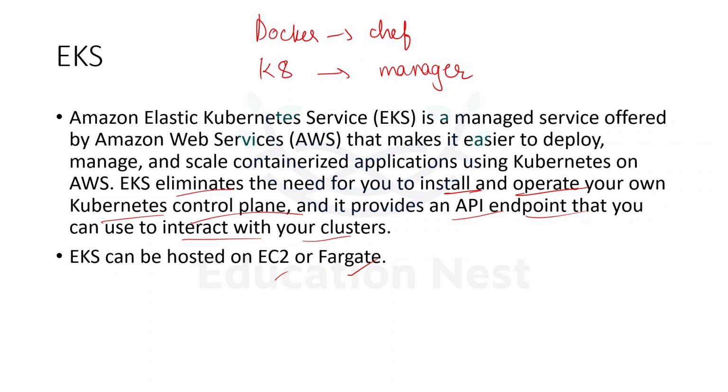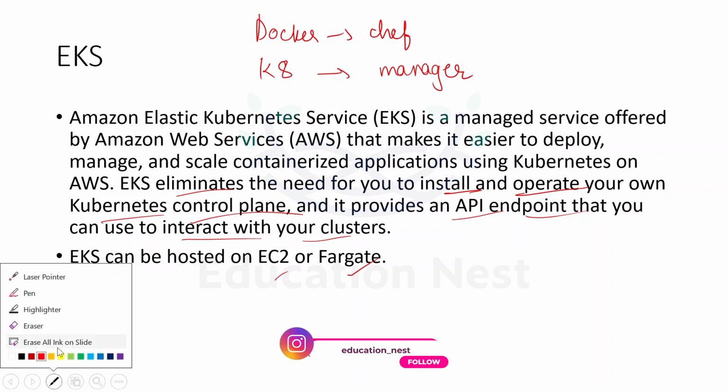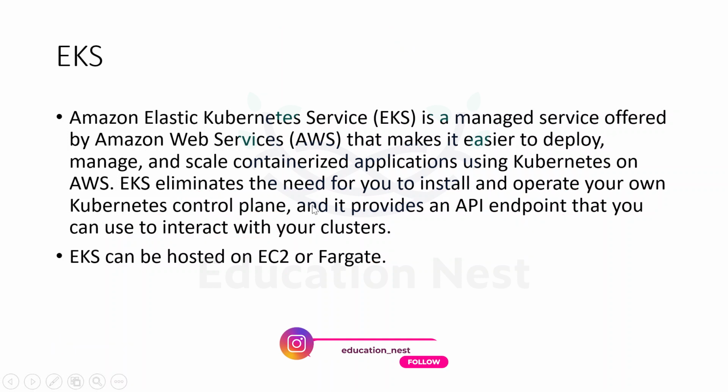Okay, now let's try to understand this with another example. I know I'm giving a lot of examples in this particular module, but it's kind of important for us to understand the minor differences. If we talk about ECS and EKS, we can take the analogy of a traditional restaurant versus a franchisee chain.